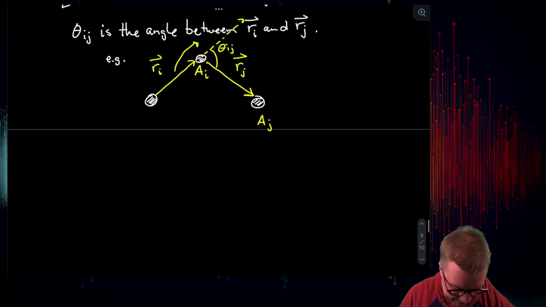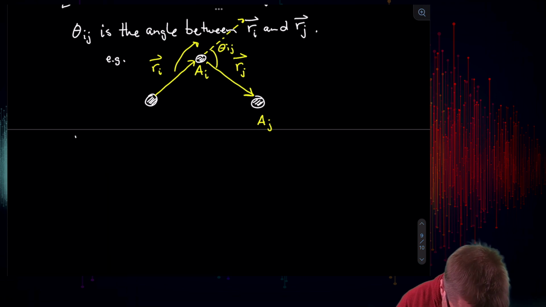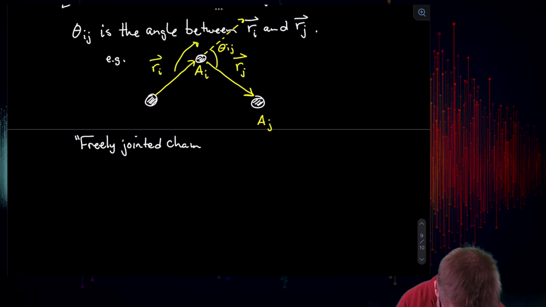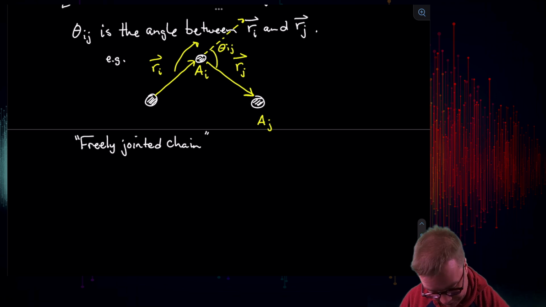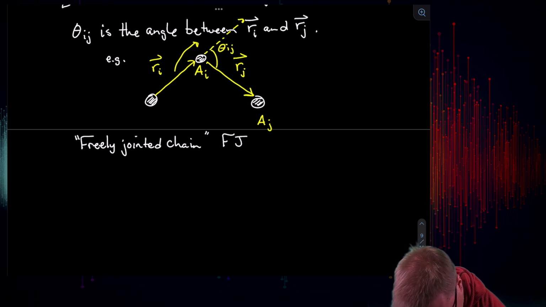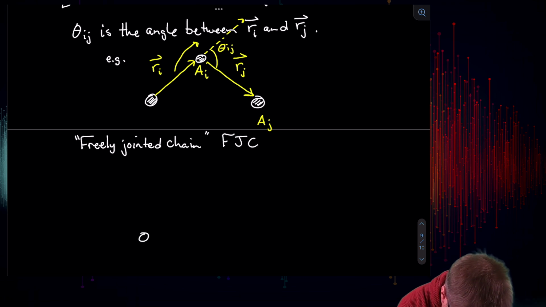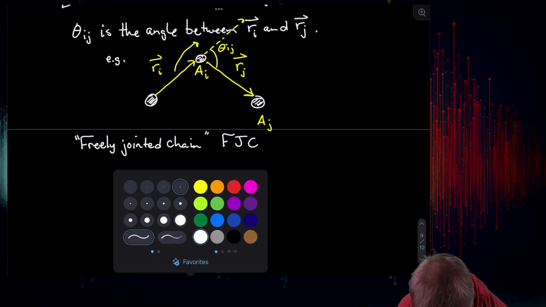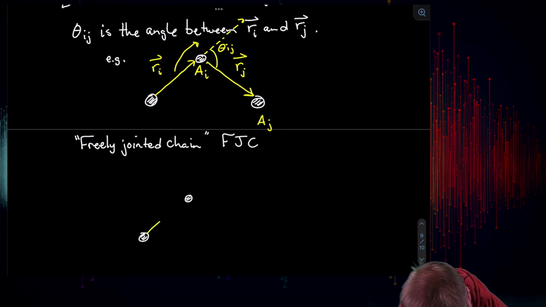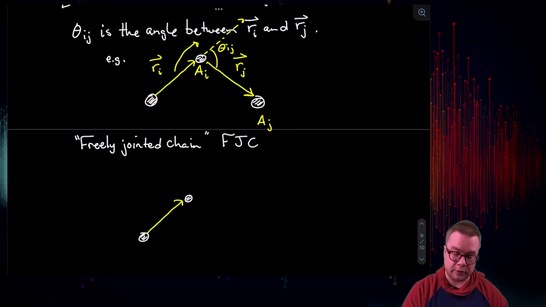And one thing that I'm saying is by using the term freely jointed chain, you'll also see me write this a lot. You'll see me write freely jointed chain. Then what I'm saying is that the chain is freely jointed in the sense that if I have three monomers like this, then again, here's going to be one bond vector.